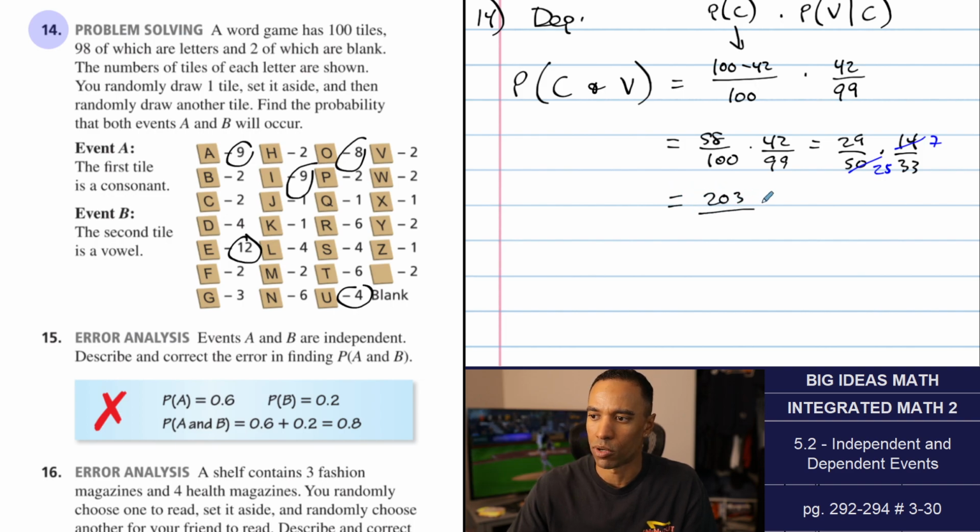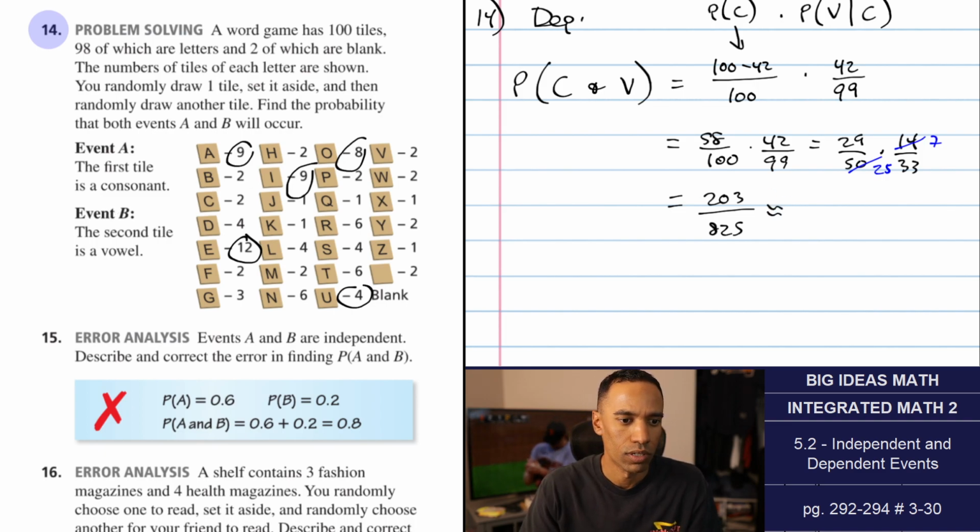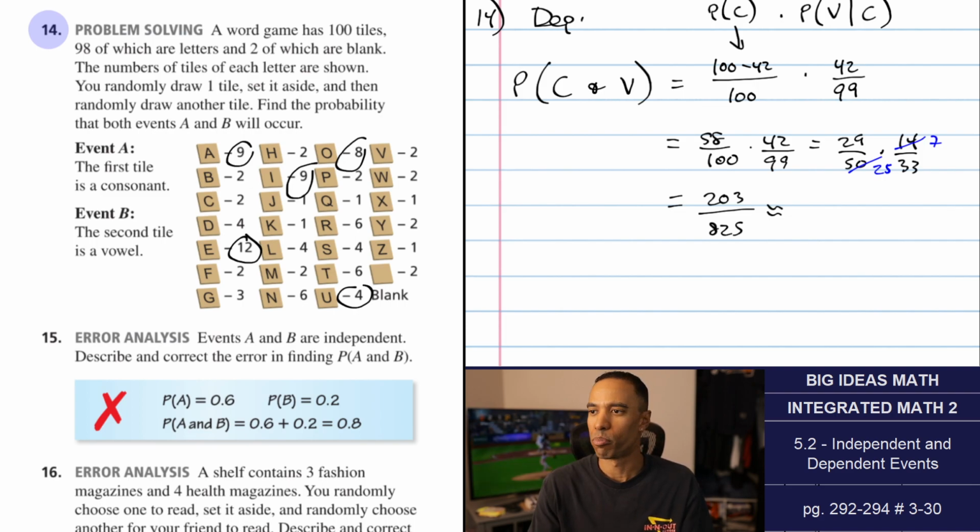I don't think it can reduce anymore. 203 out of 25 times 33, which is out of 825. So 203 out of 825 rounds to close to a quarter, 25%, a little less: 24.6%. Now, they were dependent events, but I'll tell you what, it's not going to be much different.